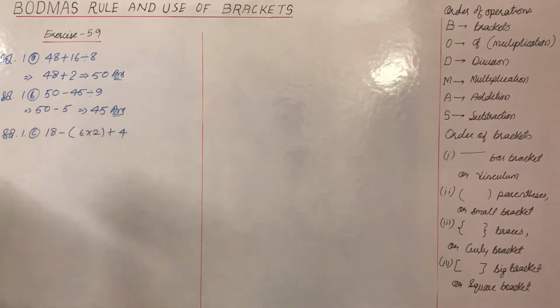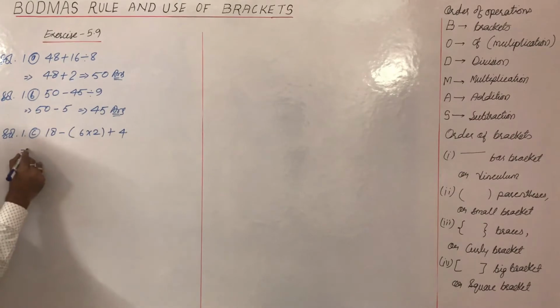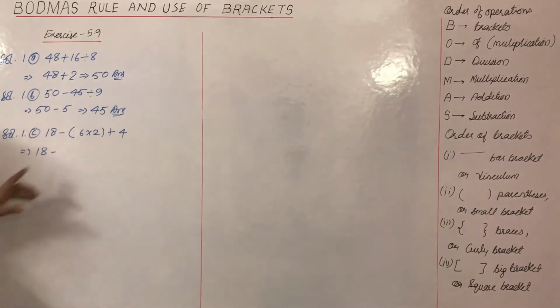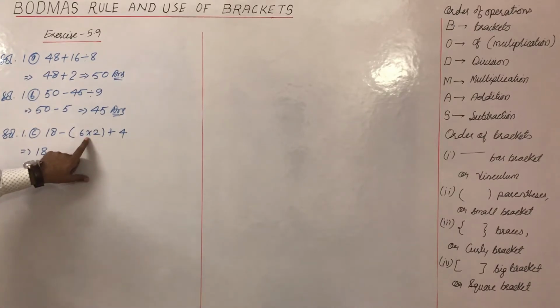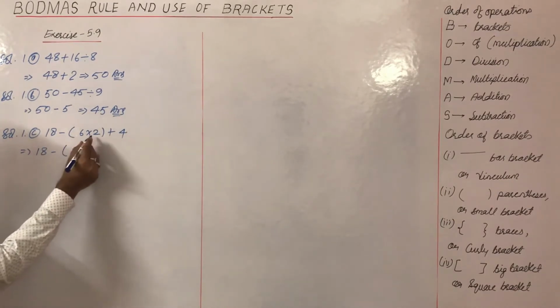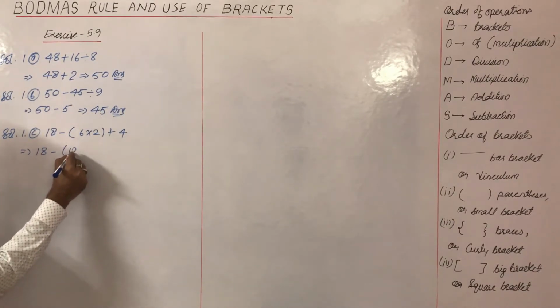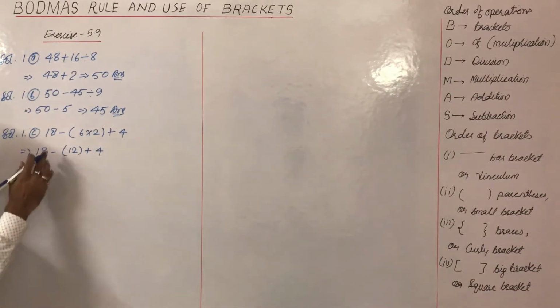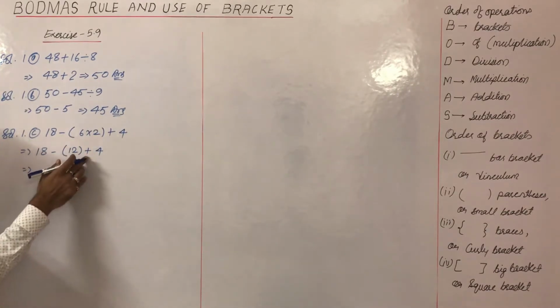First of all, as per BODMAS rule, we have a bracket, so we'll solve this bracket first. Inside the bracket we'll multiply. So 6 into 2 is 12 plus 4.